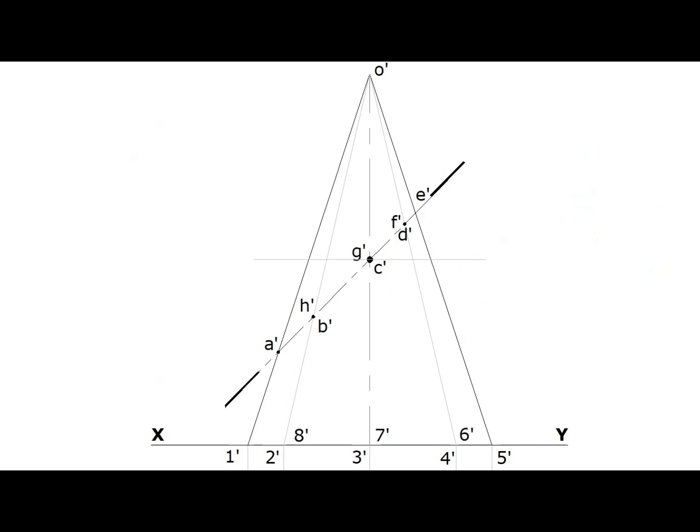Now, for finding the true distances of all the intermediate points of the cone, project all the points of the cutting plane horizontally up to the generator.